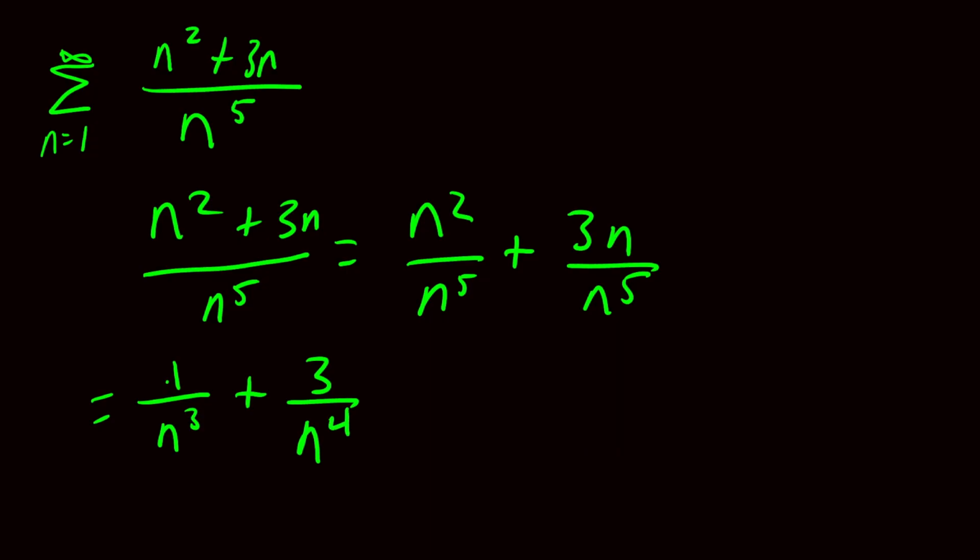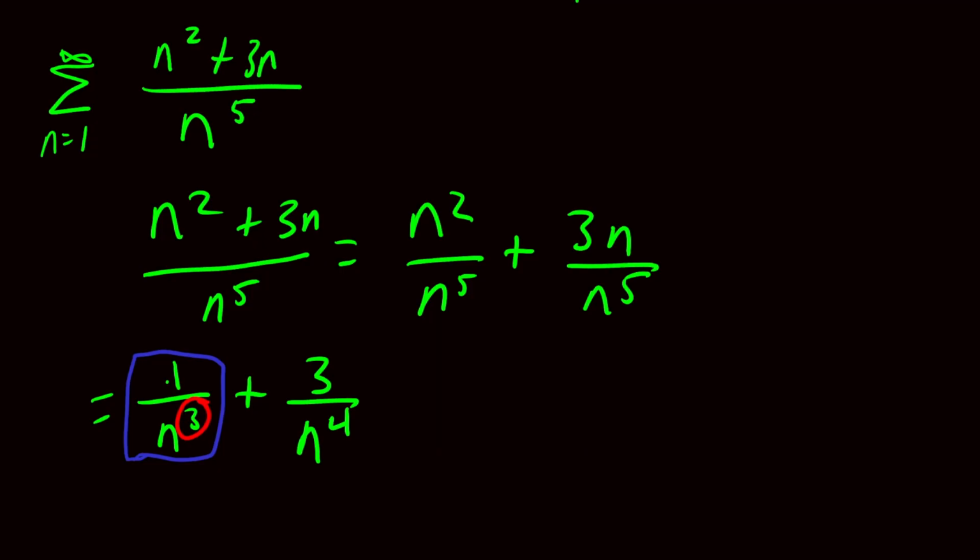Now, there are two ways you can think about this. First, you can look at the dominant term, because n to the fourth is going to be much bigger than n cubed, and as n to the fourth grows, this term pretty much becomes 0. Or you can split it up. The first term converges because p is 3, and 3 is bigger than 1.